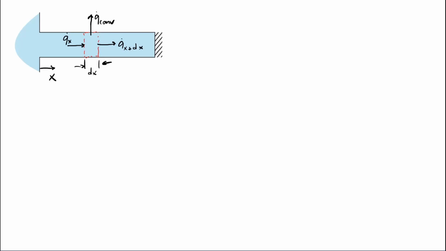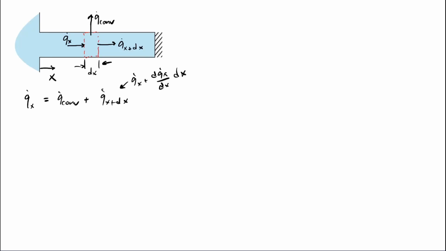Okay, so let's do the energy balance here. We'd say q dot x is equal to what's leaving, q dot convection plus q dot x plus dx. Okay, we're going to expand this out, right? This is q dot x plus dq dot x dx times dx, same thing we did before.